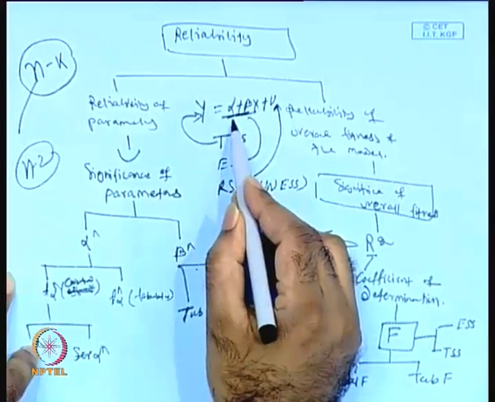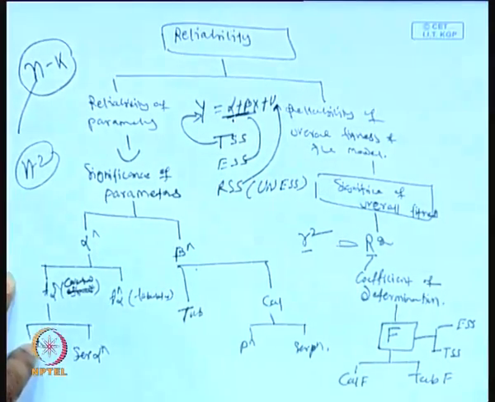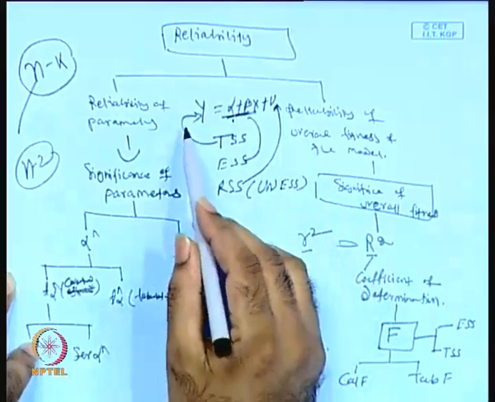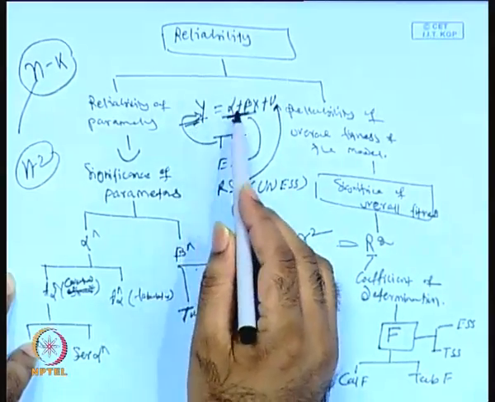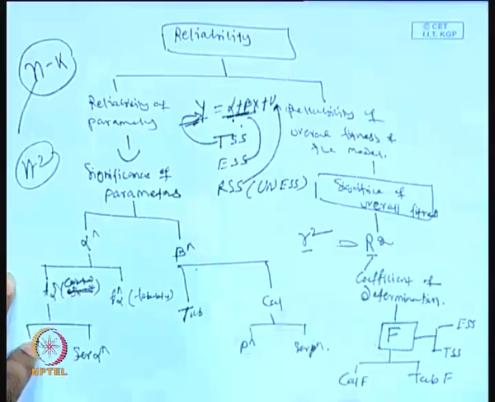So, now ESS is a standard statistic, and TSS is also a standard statistic. ESS depends upon something, because its degrees of freedom is completely different, and TSS degrees of freedom is completely different. You see here, this is the ESS part. Okay. So, this part the degrees of freedom is okay, and this part degrees of freedom is, because it depends upon two parts, but this is only one part. Okay.